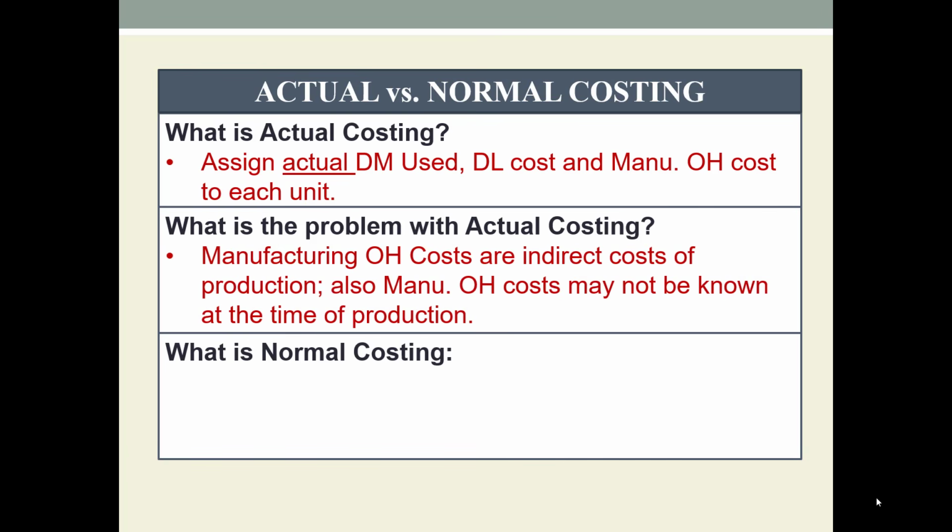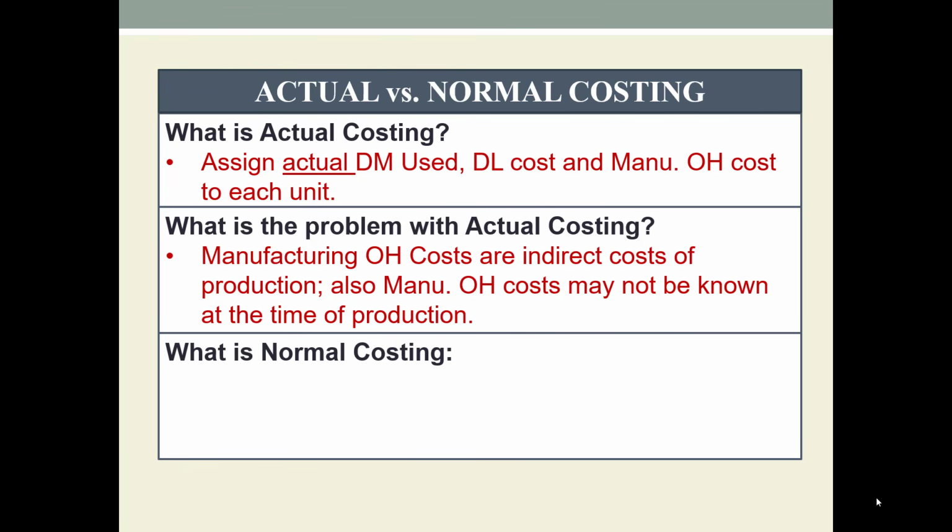The problem lies with the manufacturing overhead costs. They are indirect cost of production that cannot be easily traced to each unit. And to further complicate things, they may not even be known at the time of production. Things like your utility bill will come in the following month, and you may have already produced and sold that inventory. So overhead does present some problems for us.